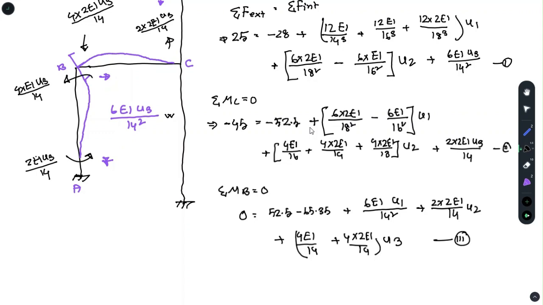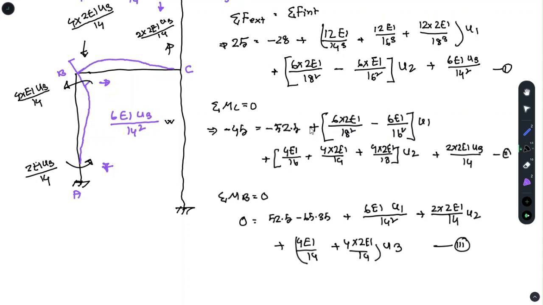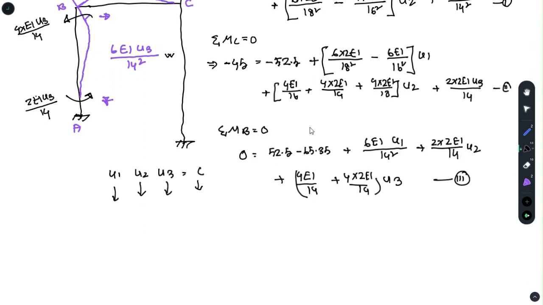So if we solve for U1, U2, U3, we write all the values under U1, U2, U3, and another column will be the constant. If we solve the three simultaneous equations, we'll find the values of U1, U2, and U3. U1 will be equal to 5092.78 over EI.